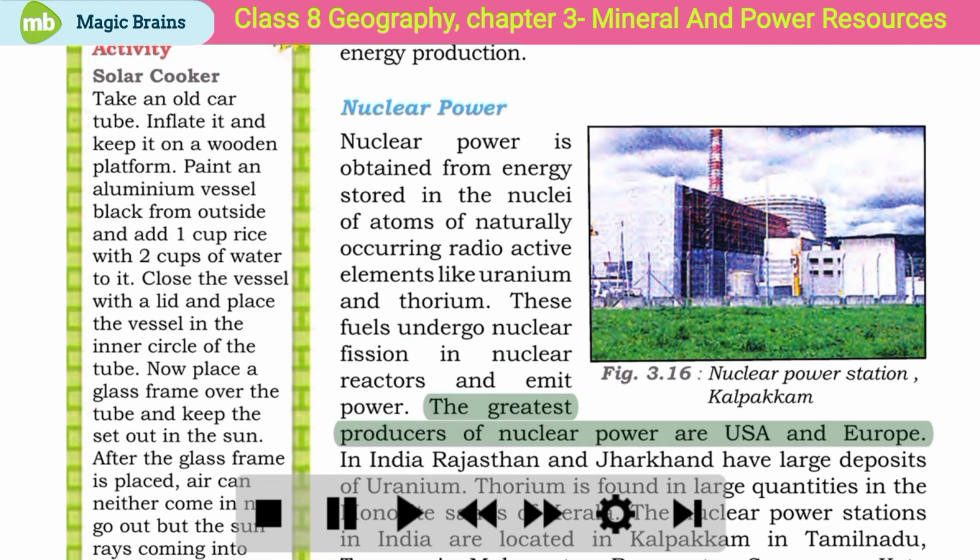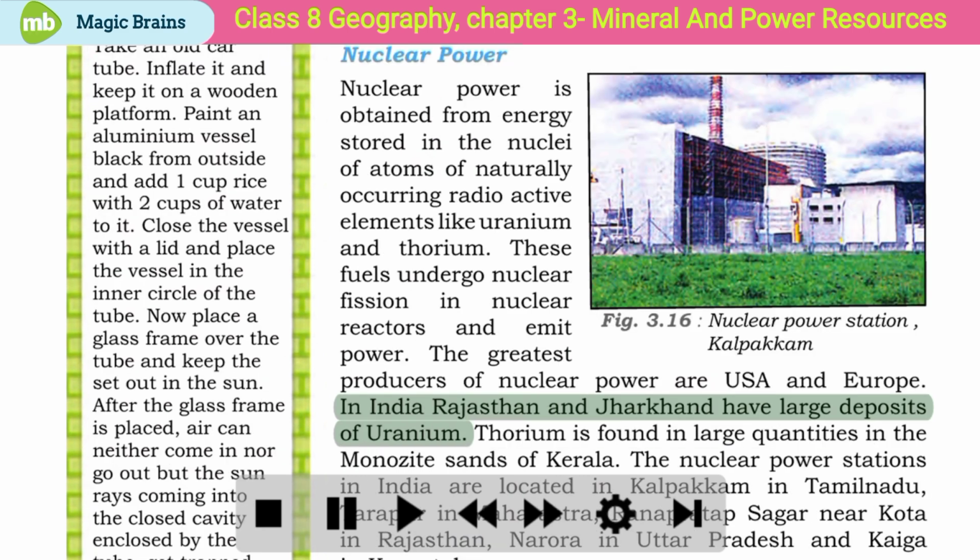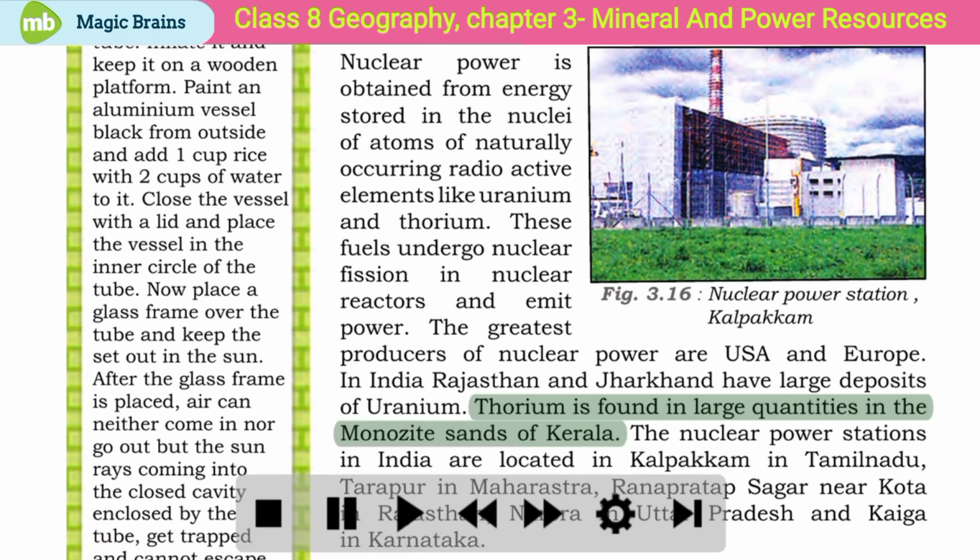The greatest producers of nuclear power are USA and Europe. In India, Rajasthan and Jharkhand have large deposits of uranium. Thorium is found in large quantities in the monazite sands of Kerala.